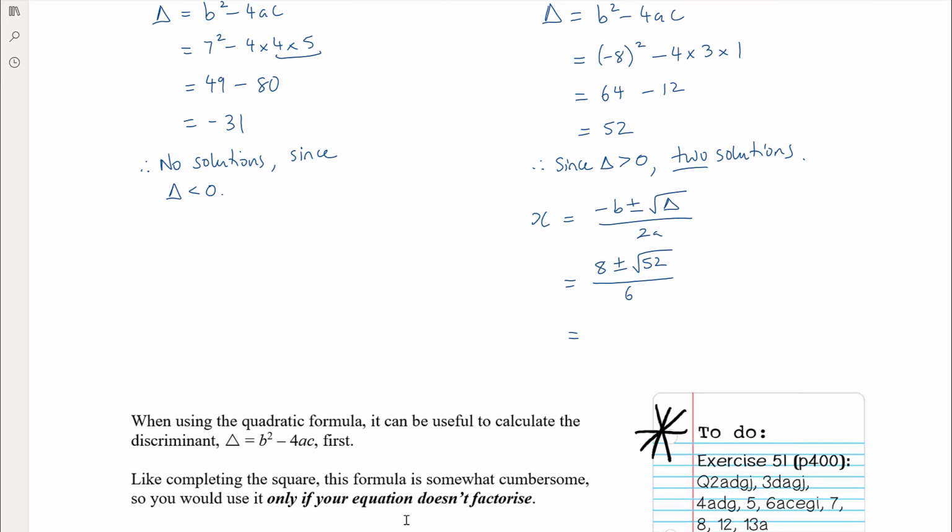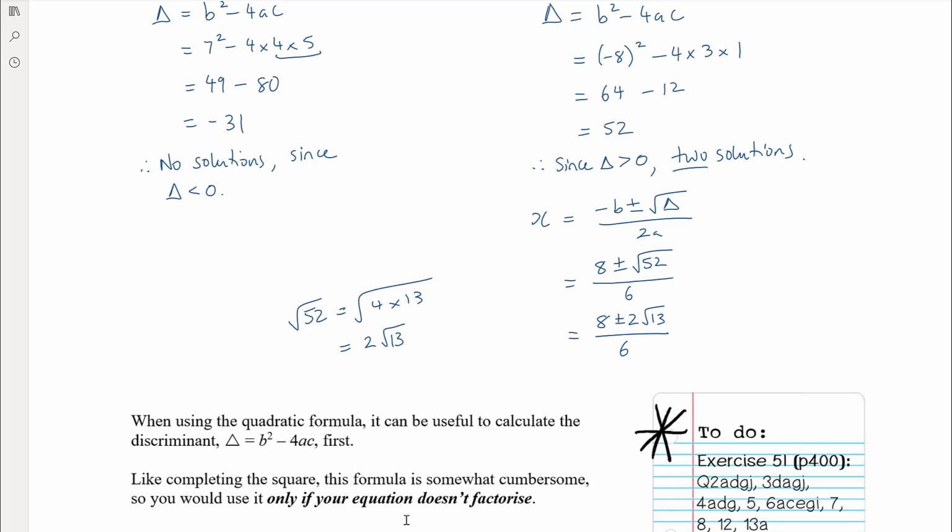Root 52 is root 4 times 13. Those of you familiar with a deck of cards will know that 52 cards is 4 suits of 13 cards. So root 4 times root 13 is 2 root 13. So we're going to have 8 plus or minus 2 root 13 over 6.